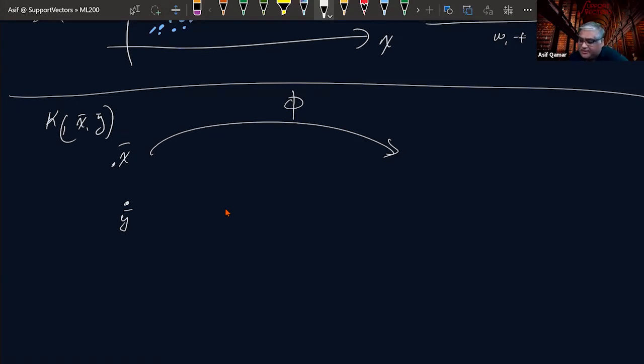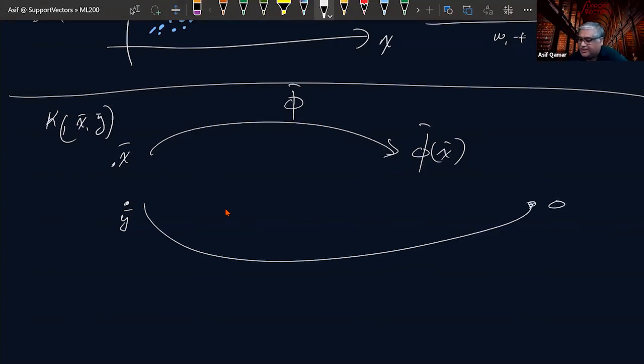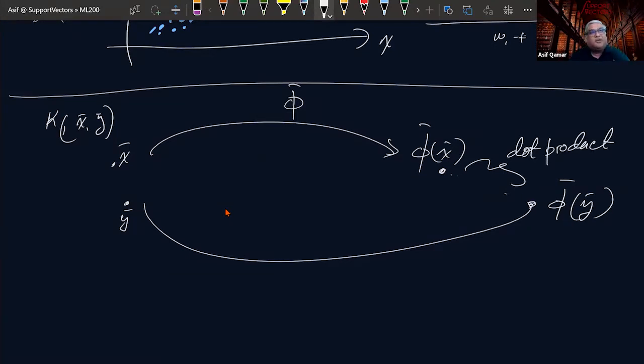Not necessarily, but you just go to some higher dimensional space, and this is another vector, some vector in a higher dimension space, and this becomes some vector in yet another higher dimension space. Basically, it is the dot product in that space between these two transformed points. That's it. And there, yes, things get much simpler. So that's the classic definition of a kernel.